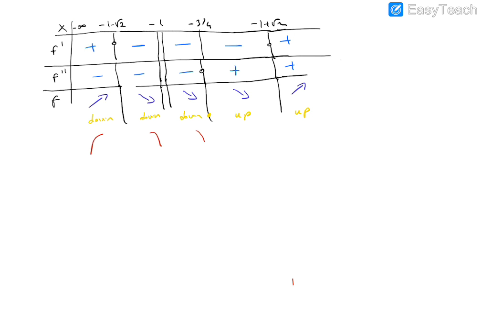Decreasing, so our graph is like this one. Concave up. This is the decreasing part, this is the increasing part. The function is decreasing, so our graph is like this one. And concave up, decreasing part, increasing part. So it is increasing, like this one.